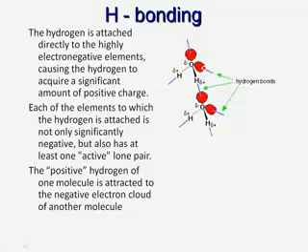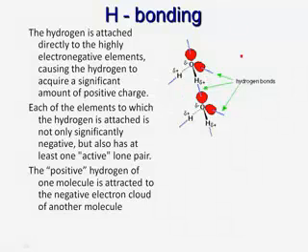And so this makes for a particularly strong attraction. This picture here is showing you what the hydrogen bonds look like from molecule to molecule. Because of the high electronegativity, the electrons tend to spend most of their time away from the hydrogen, which makes the hydrogen more positively charged, and that positively charged hydrogen is going to be attracted to the negative electron cloud on the oxygen.